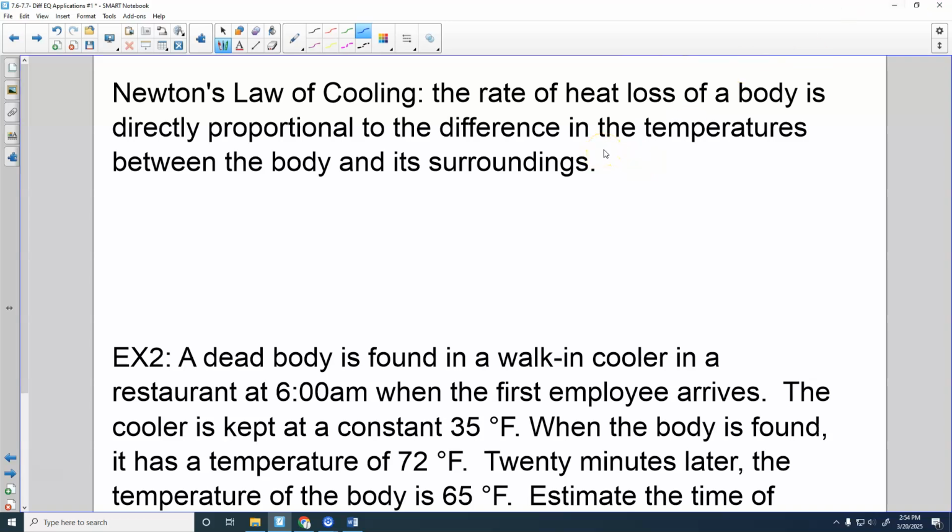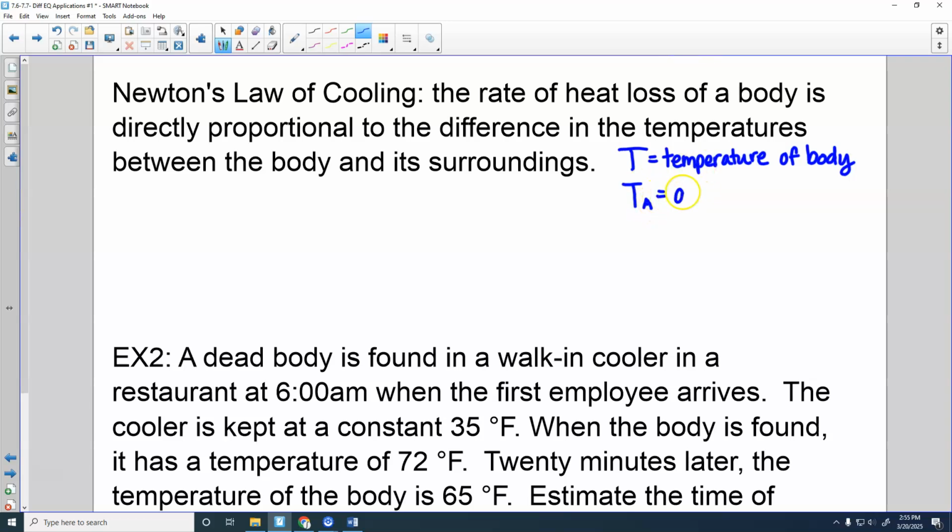Newton's law of cooling, I purposely left some space here because I want us to write it symbolically, right? So I am going to make capital T be the temperature of the body or the object or whatever you're studying here. I'm going to make capital T with a little a behind it, T sub a.